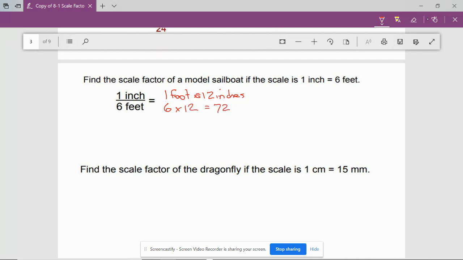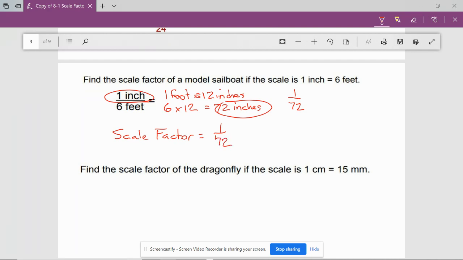So that's 72 inches, right? We have our 1 inch and our 72 inches, so we end up with 1 inch over 72 inches. That means our scale factor is equal to 1 over 72.